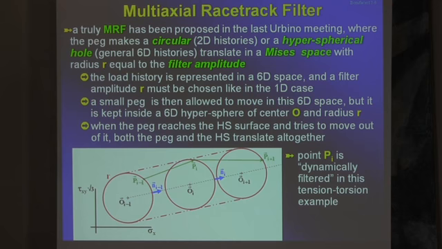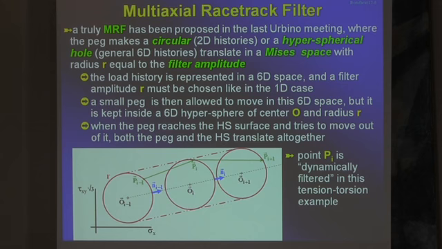That can be generalized to a hypersphere, in general 6D histories, or even more complex histories with a lot of signals. And we can make this hypersphere translate in a Mises space with a radius r equal to the required filter amplitude.